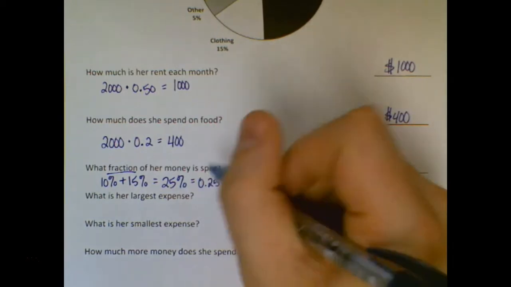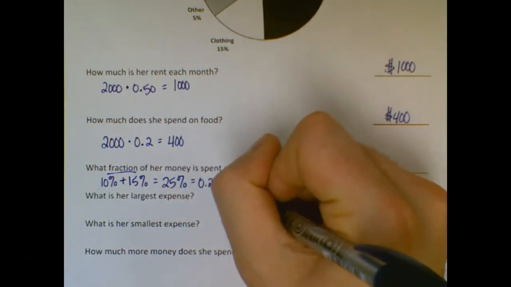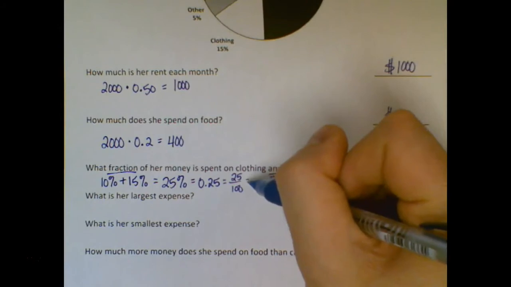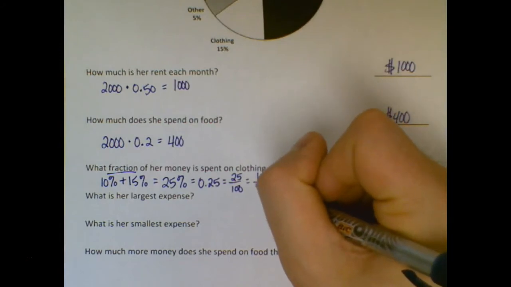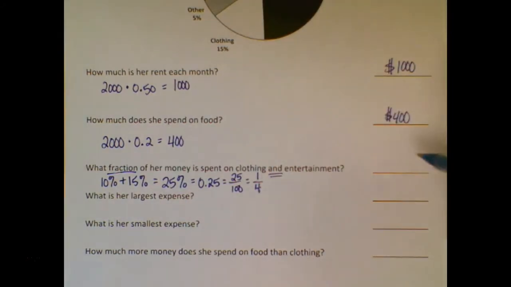So it's 25 over 100. And then we simplify 25 over 100. Well, that's a quarter, or 1/4. So what fraction of her money is spent? Well, 1/4 of her money is spent on clothing and entertainment.